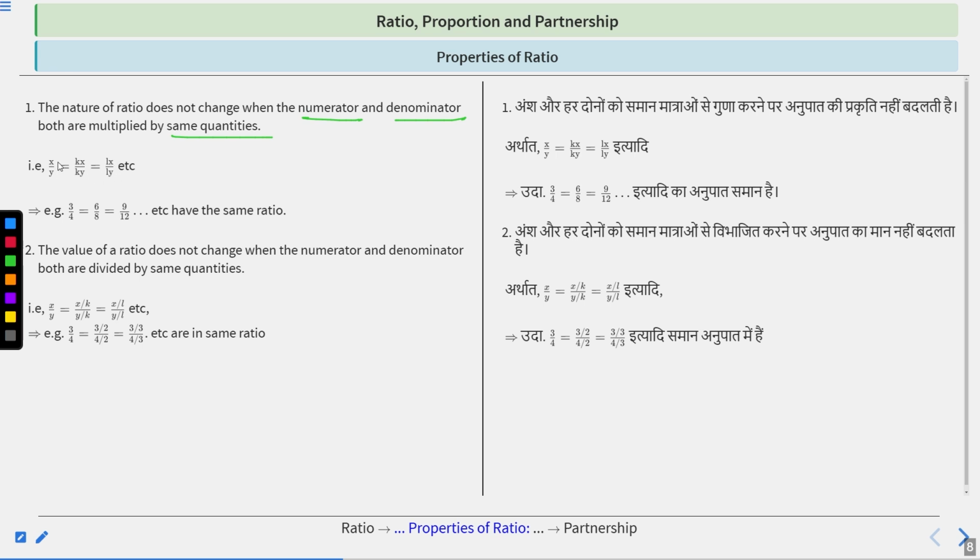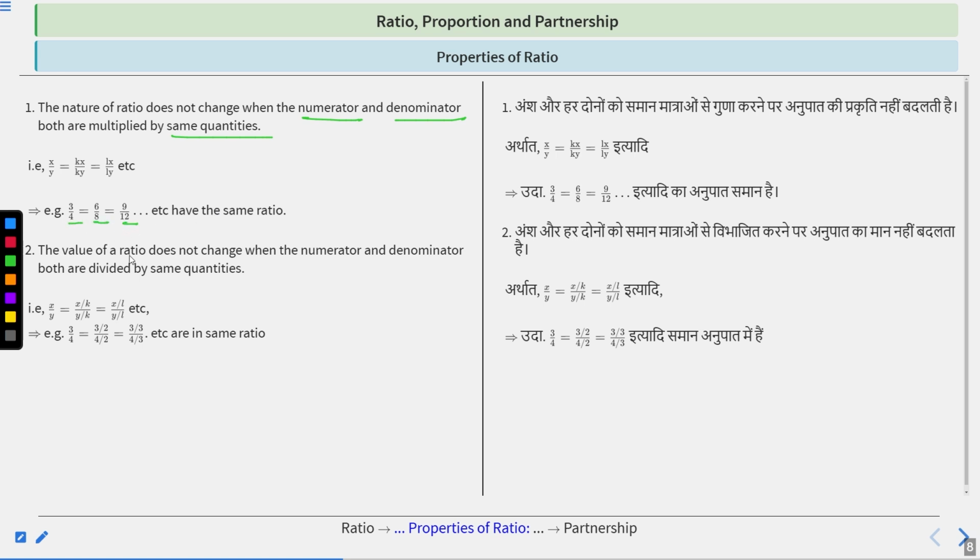So it doesn't change. It will always be equal to x upon y. For example, 3 by 4, when we multiply by 2, becomes 3 twos are 6, 4 twos are 8. When you solve it, you get 3 by 4. In the same way, if we multiply by 3, we get 3 threes are 9 and 3 fours are 12. When we solve it, we again get 3 by 4. So all these three are in the same ratio.